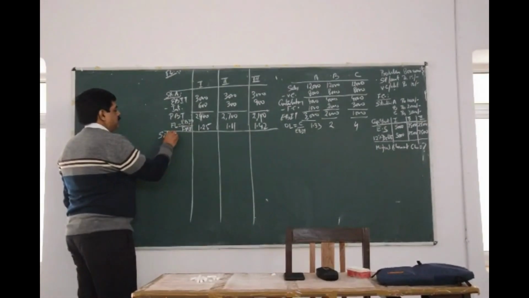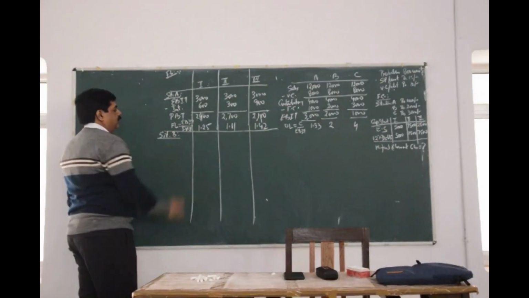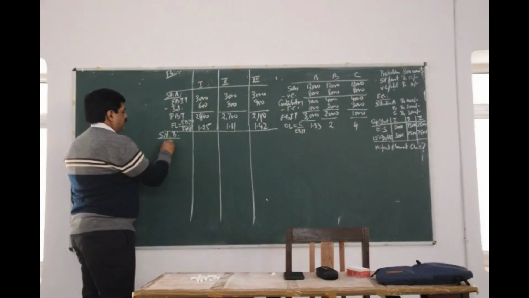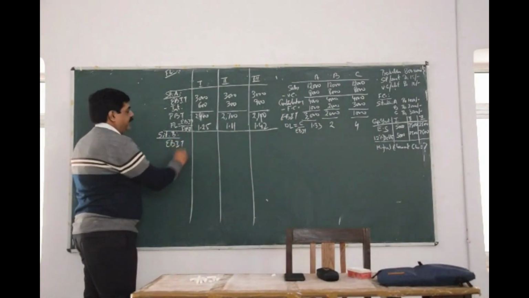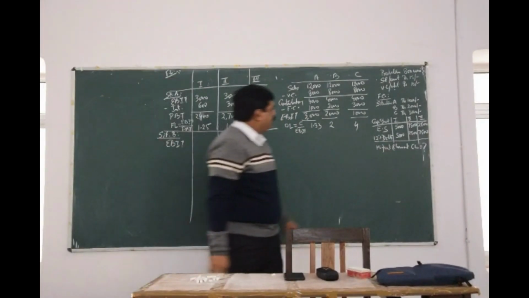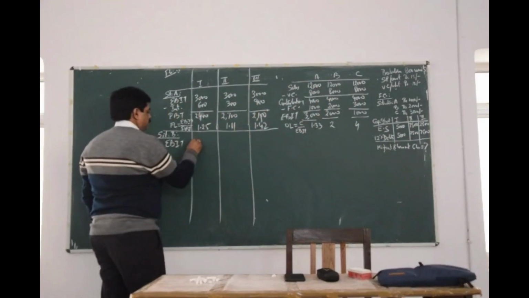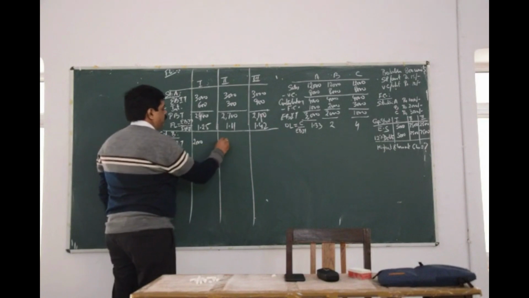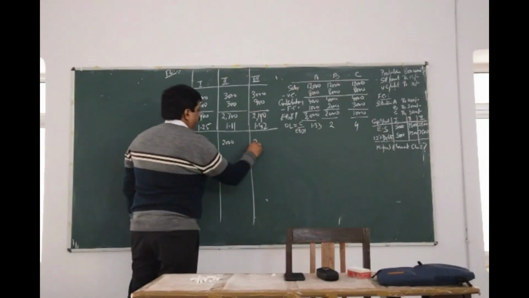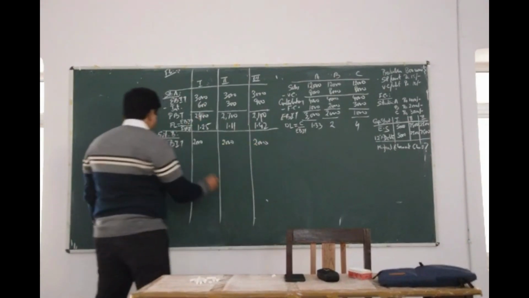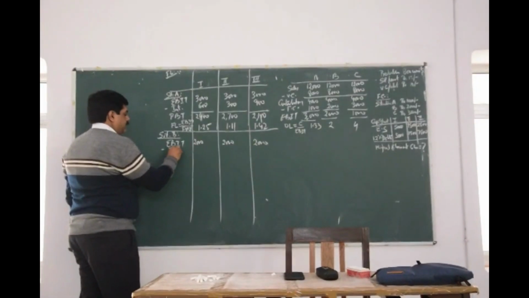Situation B. EBIT for situation B, we are having as 2,000, 2,000 and 2,000 minus interest.